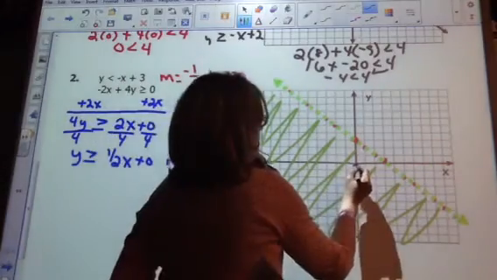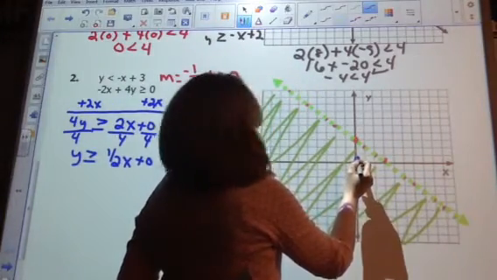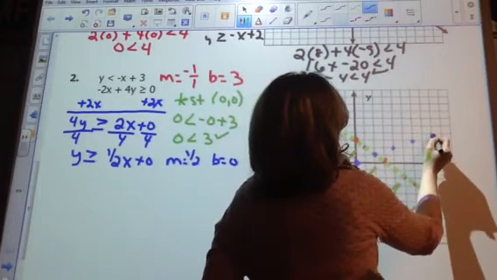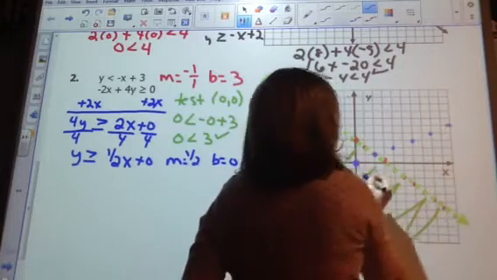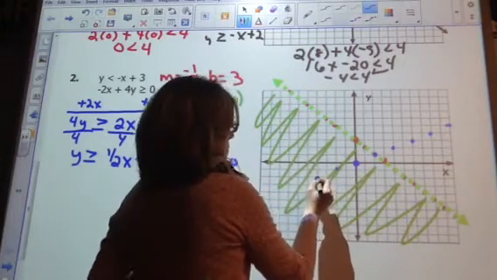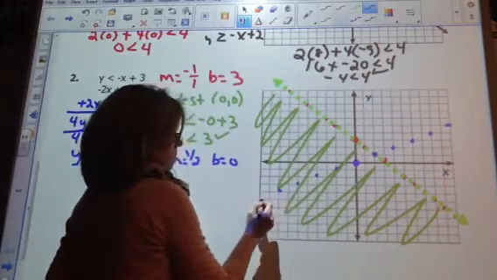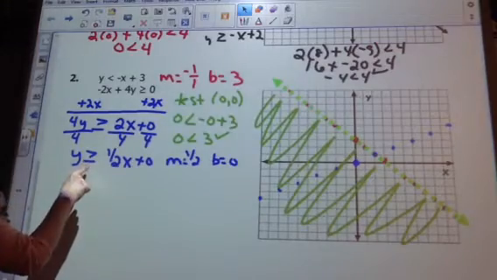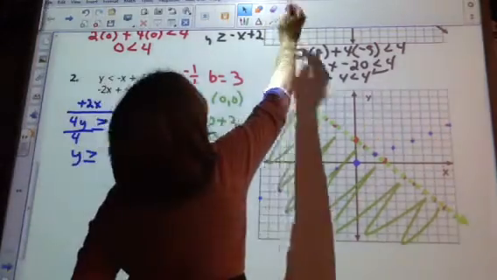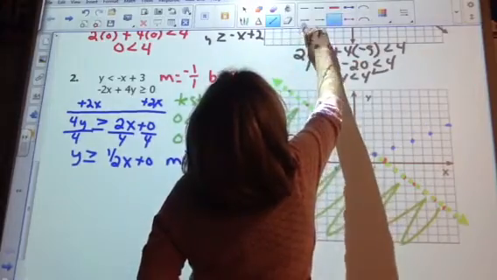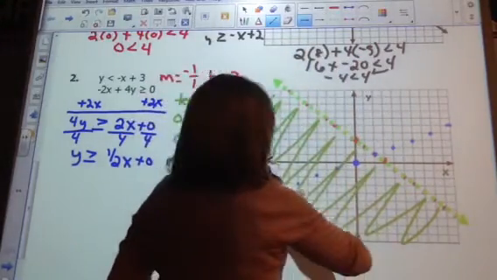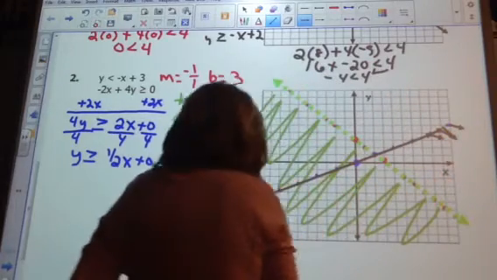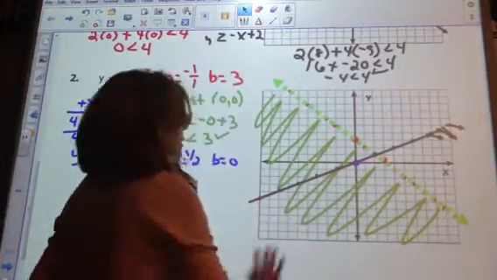So from here, are we going to have a solid or dotted line? That is greater than or equal, so it's going to be solid. I messed up there on the end. Let's just leave it and move on.